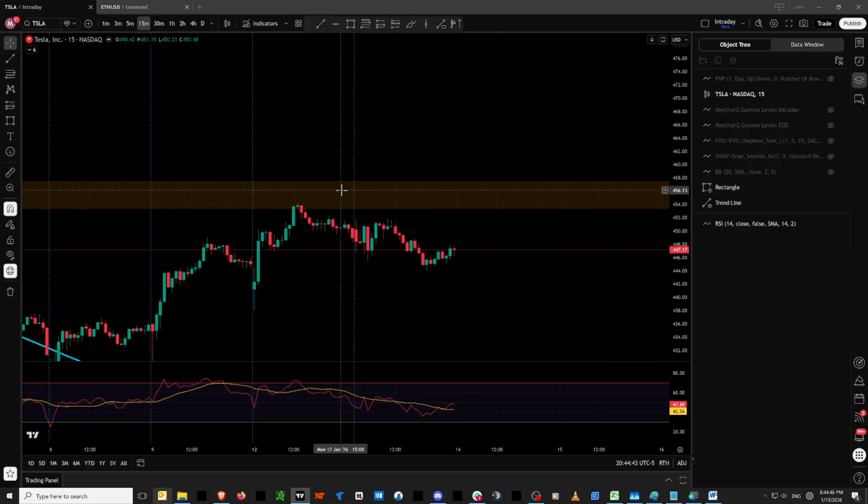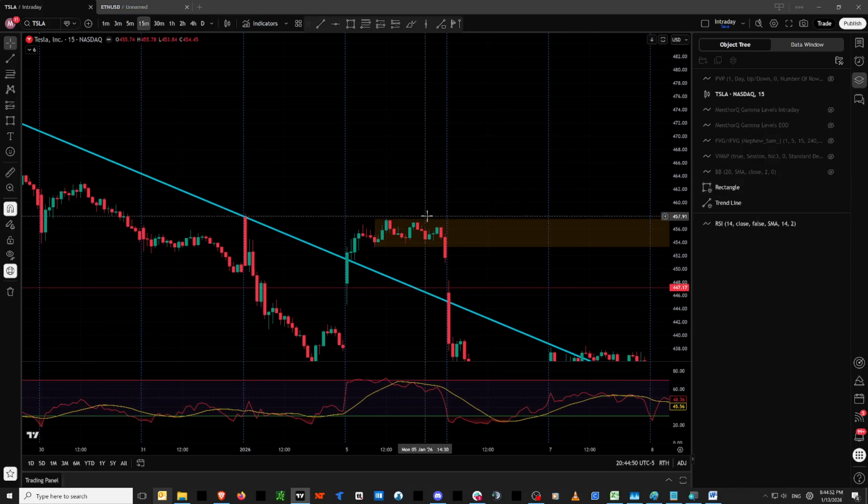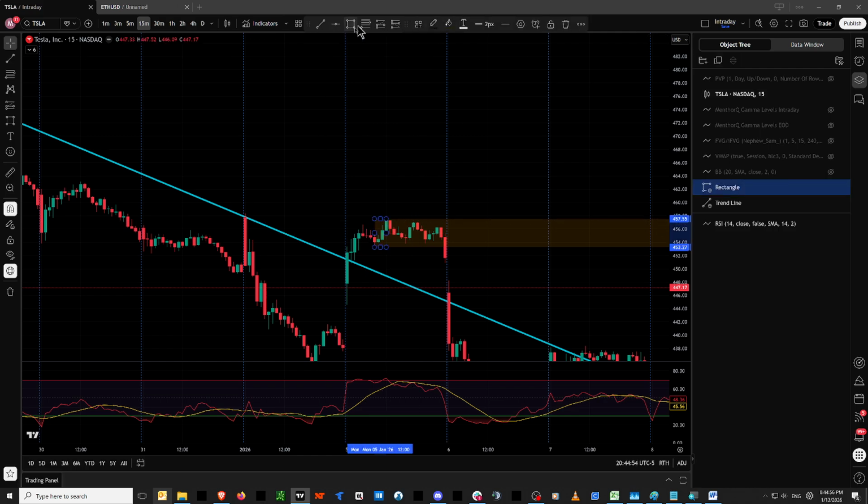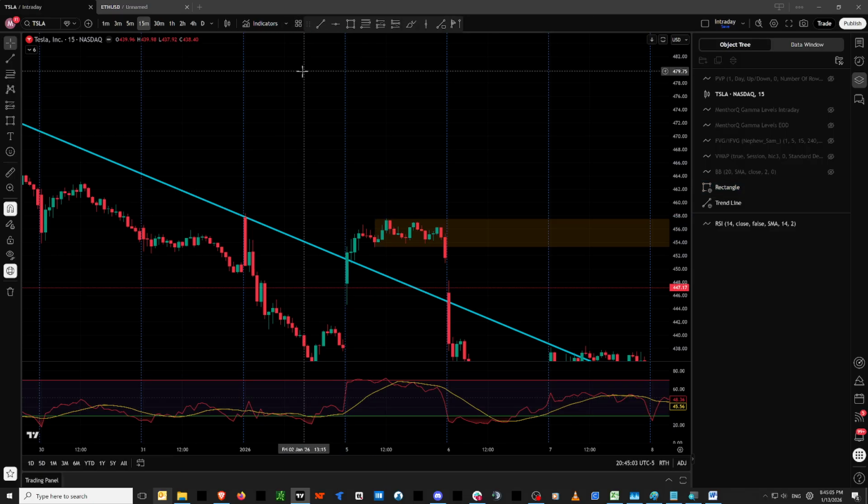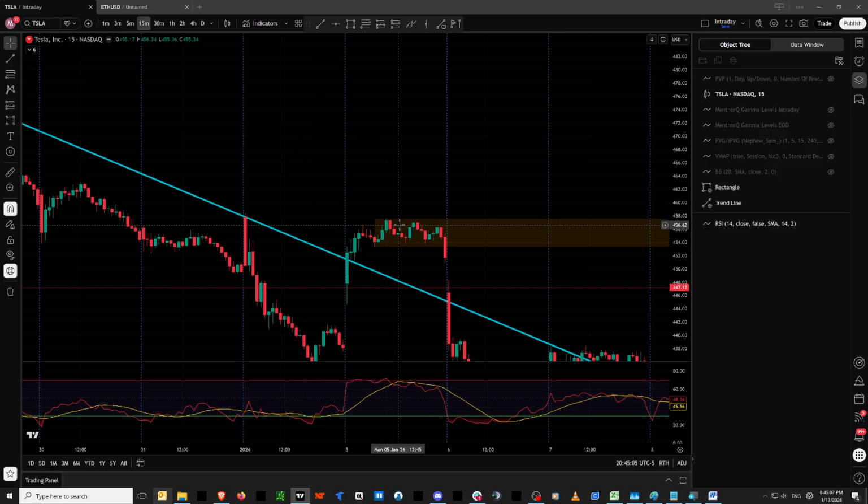Let me change the color. Y'all may not be able to see that too well. I forgot how to do this. Hang on. Indicator template.